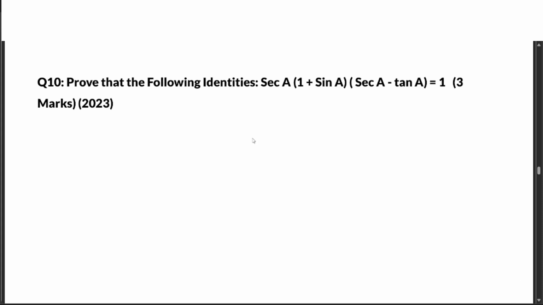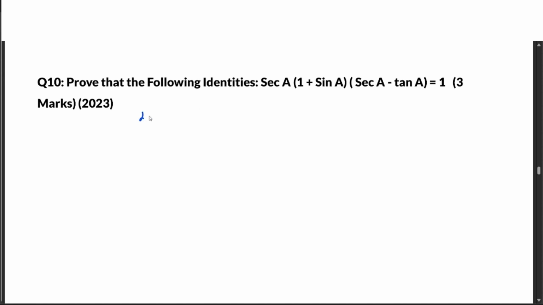The question is saying, prove the following identity: sec A times (1 plus sin A) times (sec A minus tan A) is equal to 1. This is again a 3 marks question, so be very careful. In such a question you can always first write the given information.